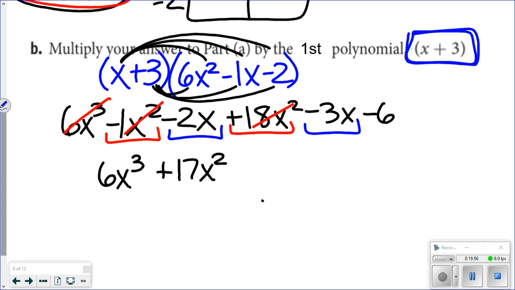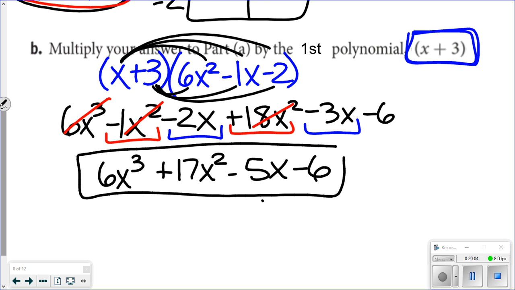We get negative 5x, and then minus 6 comes at the end. So now you know why we did our exponent rules first, and then we learned how to add and subtract polynomials, because we use those when we're multiplying. So that's your final answer here.